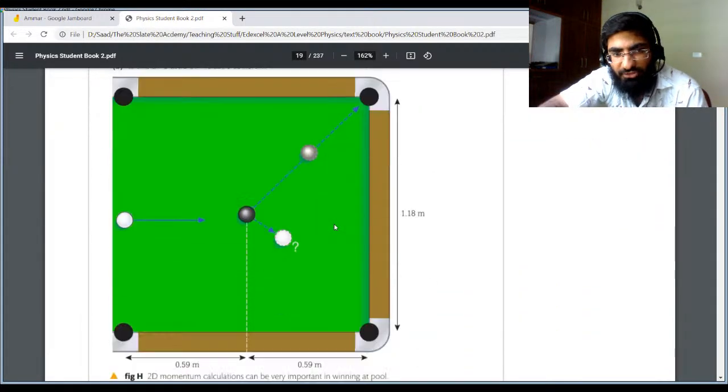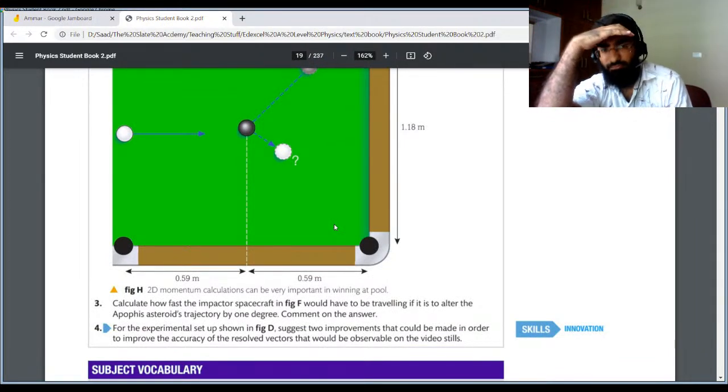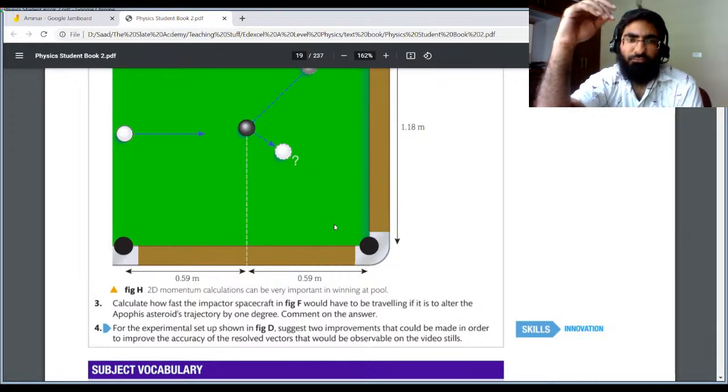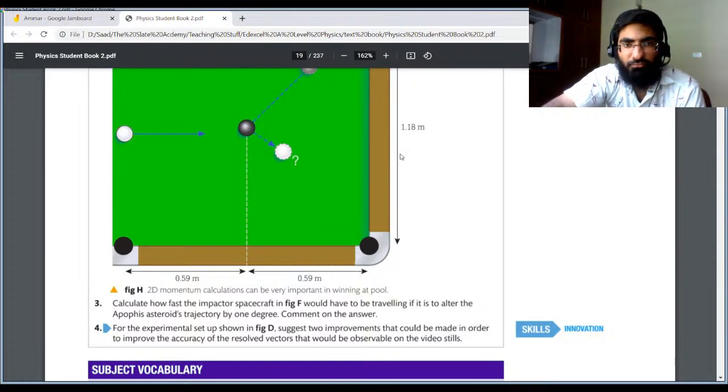Read question number 3 and tell me if this is what it means. Calculate how fast the impactor will have to be traveling if it is to alter the course by 1 degree.